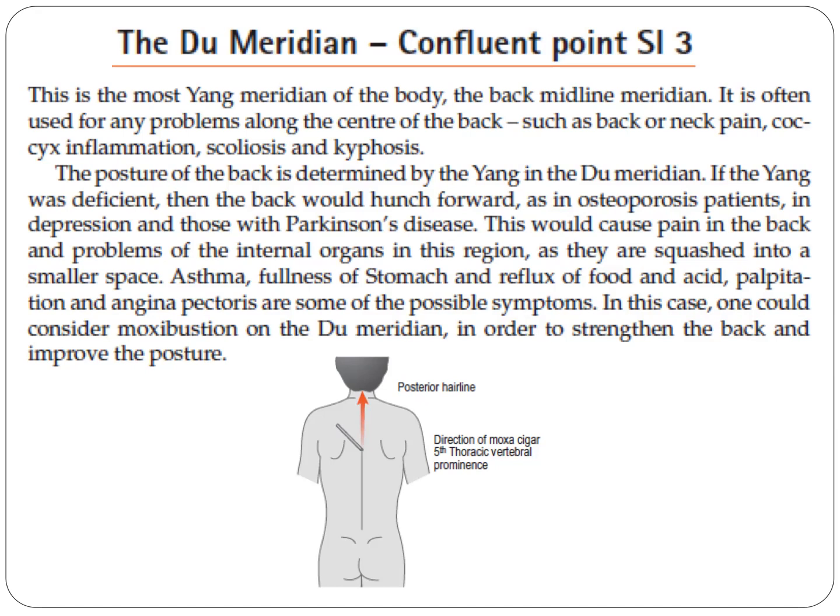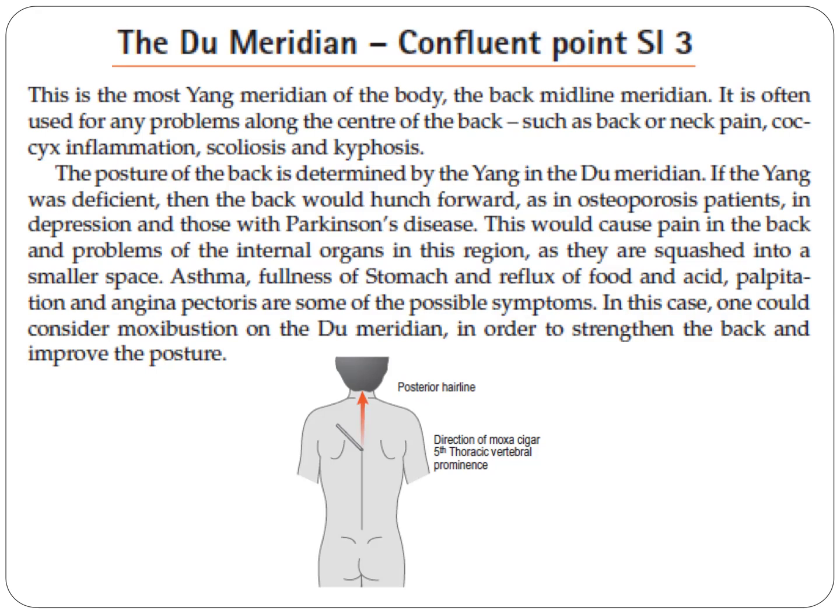It is the back midline meridian, so along the spinal column. It is often used for any problems along the center of the back, such as back or neck pain, coccyx inflammation, scoliosis, and kyphosis. The posture of the back is determined by the yang in the Du meridian.